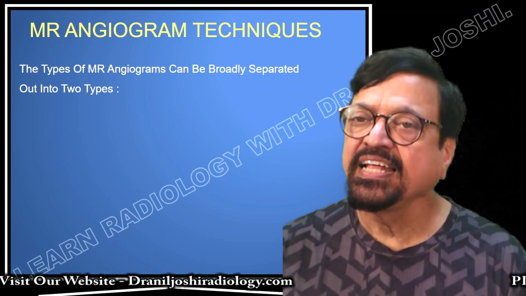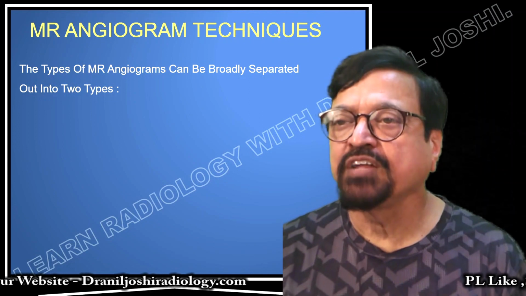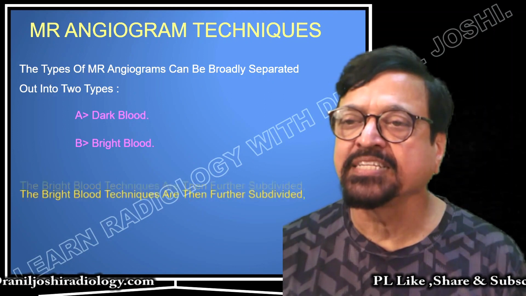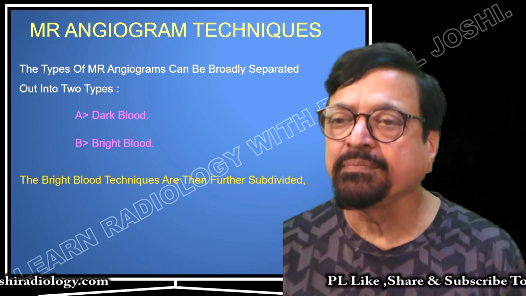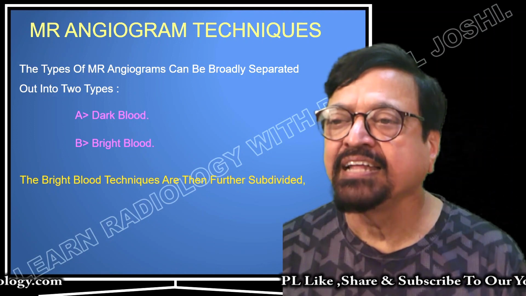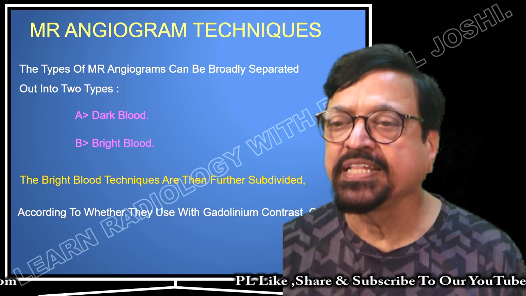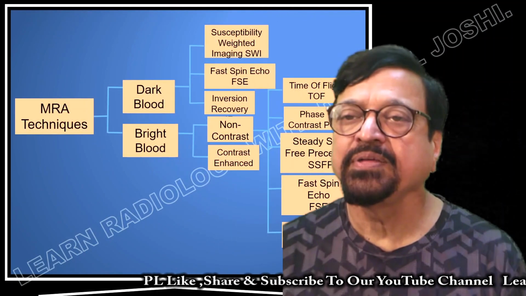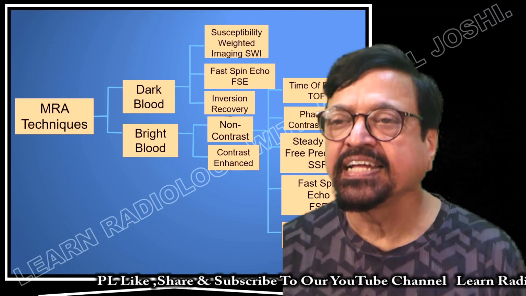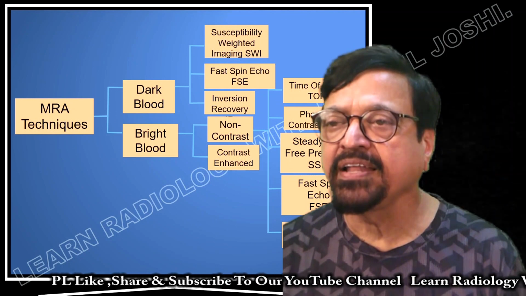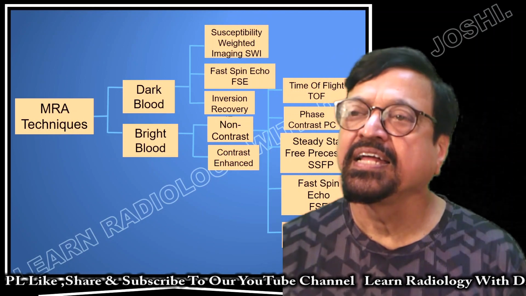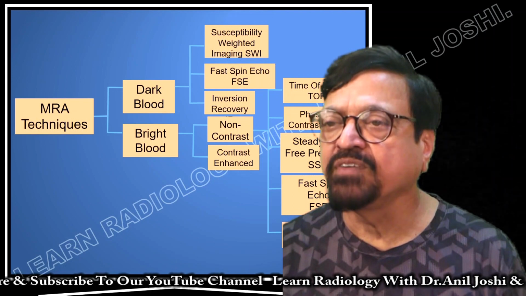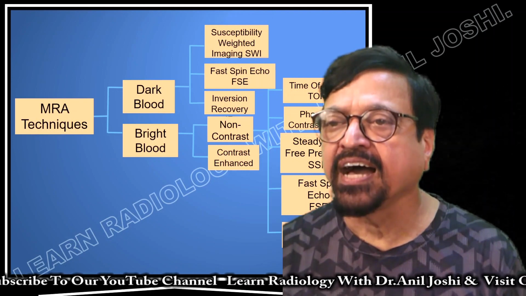Now coming to technique, the types of MR angiography can be broadly separated into two types. One is dark blood and second is bright blood. The bright blood techniques are then further divided according to whether they use gadolinium contrast or not. Let's see them here. Dark blood includes susceptibility weighted images, spin echo, and inversion recovery.